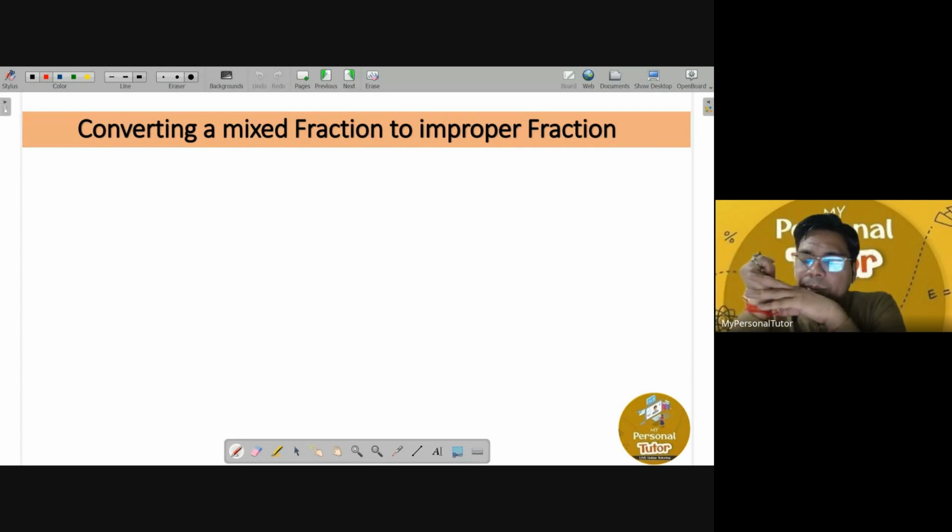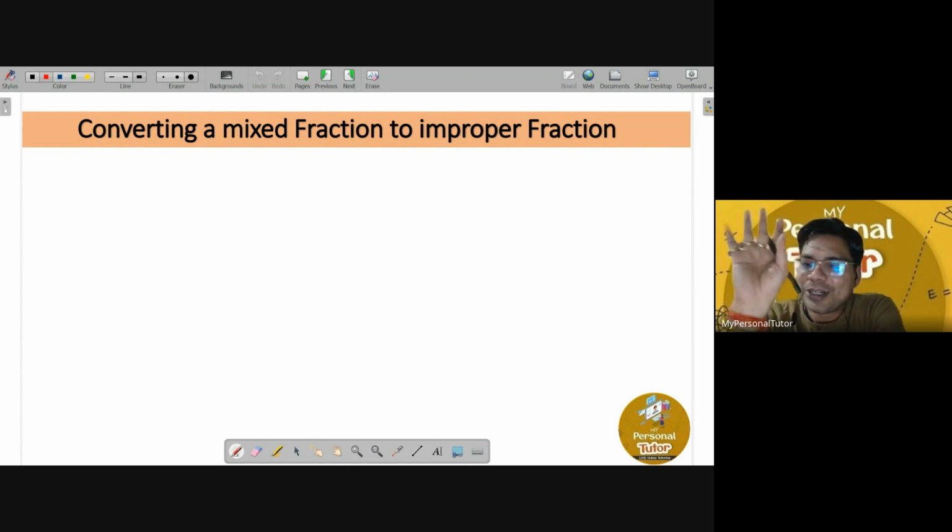And we know what is an improper fraction as well. So we have already learned what is a mixed fraction and what is an improper fraction. So in this subtopic, we will learn how to convert any mixed fraction to improper fraction. Okay. So always remember, mixed fractions can be converted to improper fractions, and improper fractions can be converted to mixed fractions. Okay.